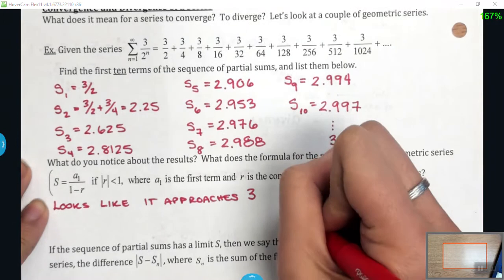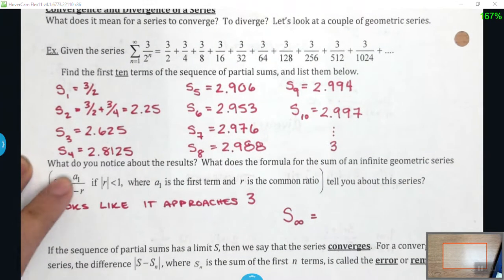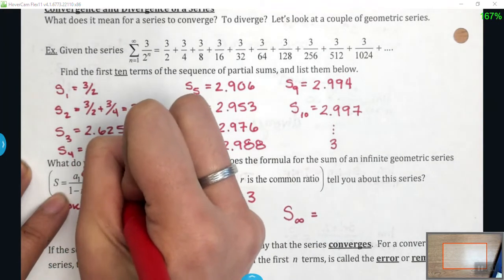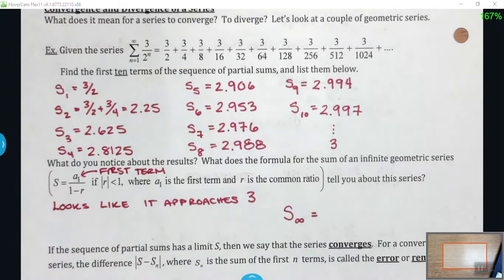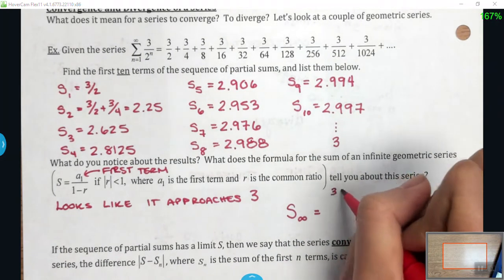You remember that. This a1 is your first term. What's our first term? 3 over 2.